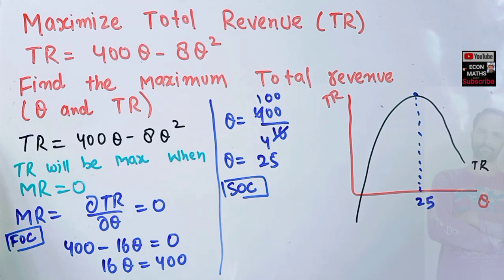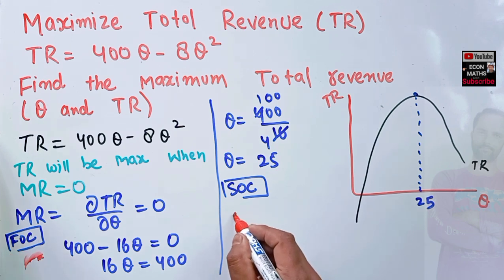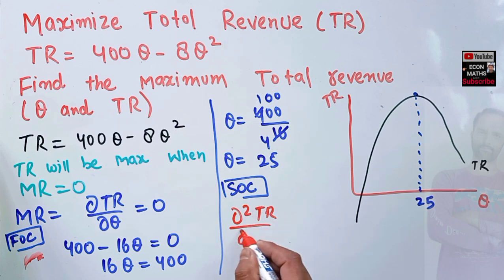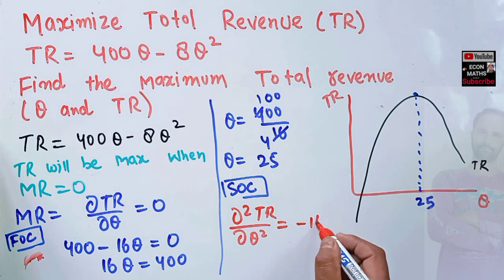To make sure that we are at a maximum, we take the second derivative of the total revenue function. This is our marginal revenue, so d²TR/dq². The derivative of a constant is 0, the derivative of 400 is 0, so we are left with -16.